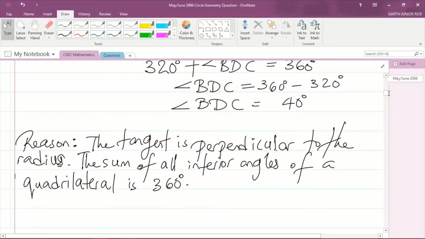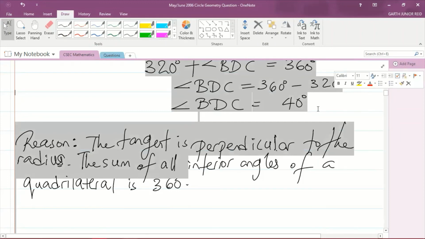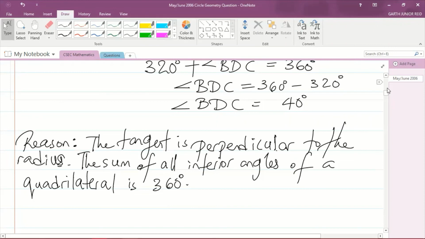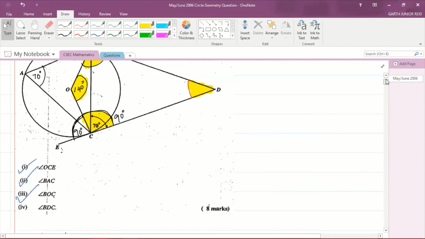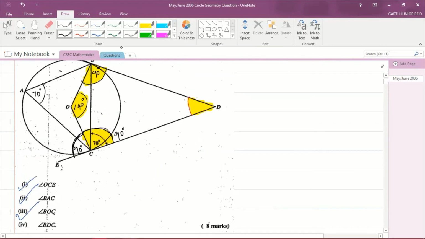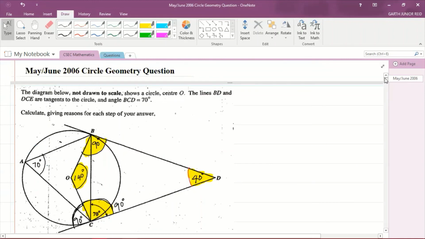Okay, and that is our solution. So we are now finished with part 4. All right. So we are saying that this angle here is 40 degrees. Good. So that is the solution for this May June 2006 circle geometry question.